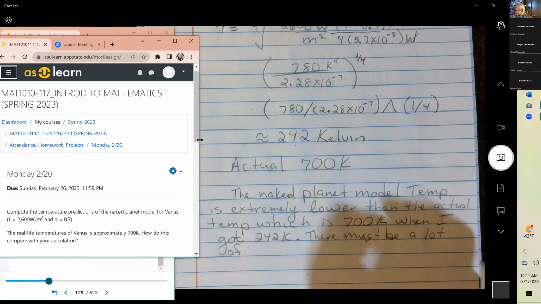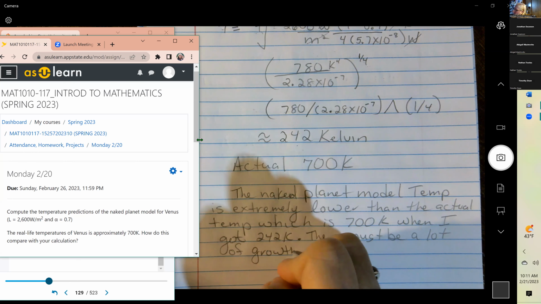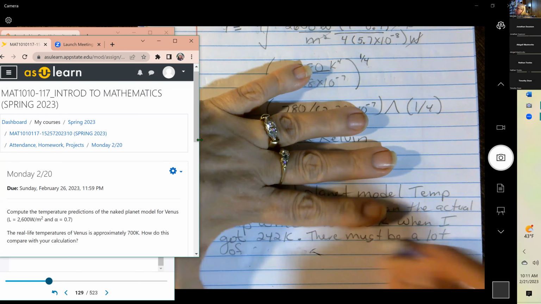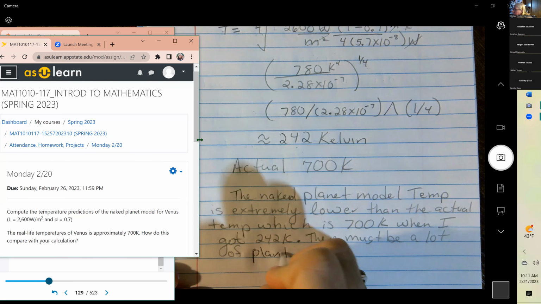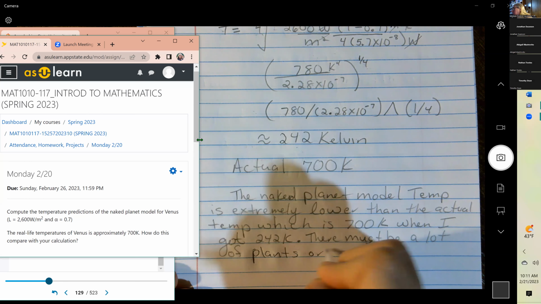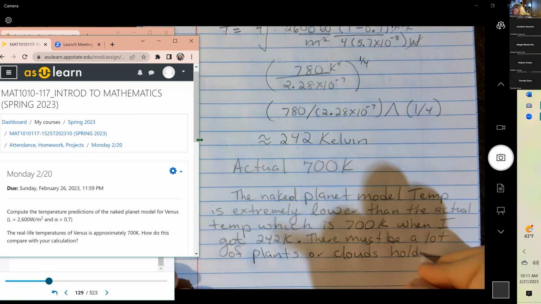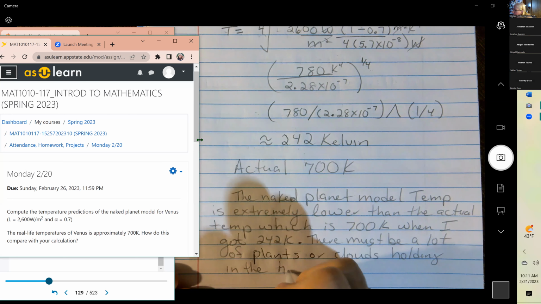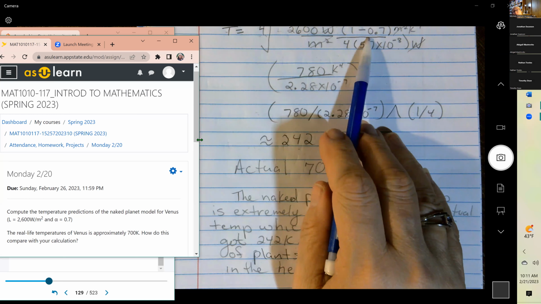There must be a lot of growth. Or, oh, we could put plants. I don't think there is a lot of plants, but. So there has to be something holding in that heat, or maybe their 0.7 is wrong.